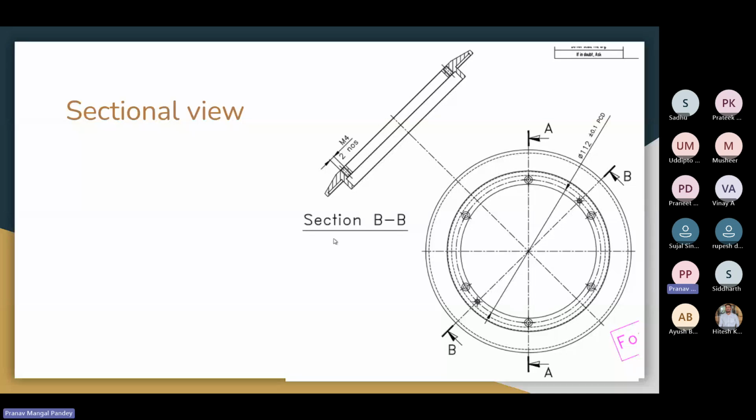Section view. So there's one more part about your views, front view, side view, all those parts. Sometimes what happens is your part is made in such a way that its left view has been covered by a sheet metal and no more details are seen through that part.